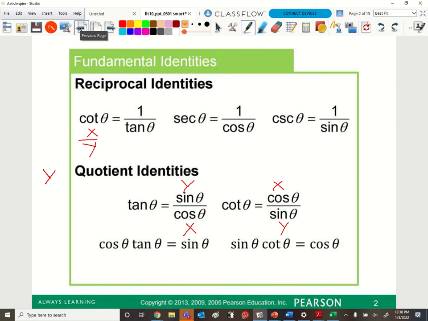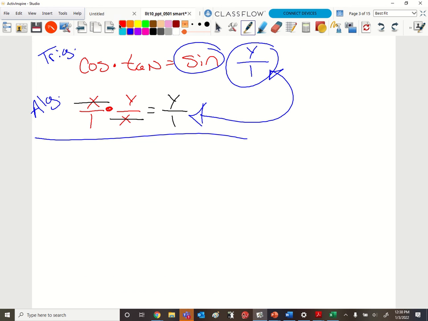So sine times cotangent is supposed to be cosine. All right, so this is in trigonometry, right? So we're going to translate this into algebra. What is sine going to translate to? Y over 1, very good. So I get y over 1 times cotangent, x over y.